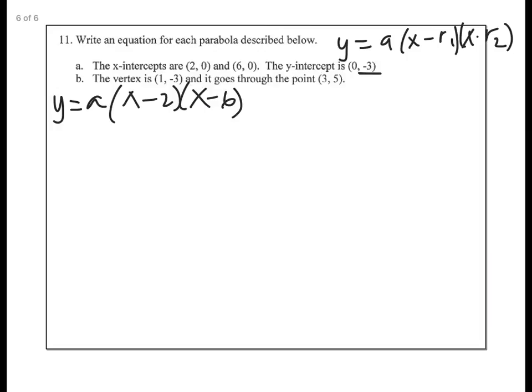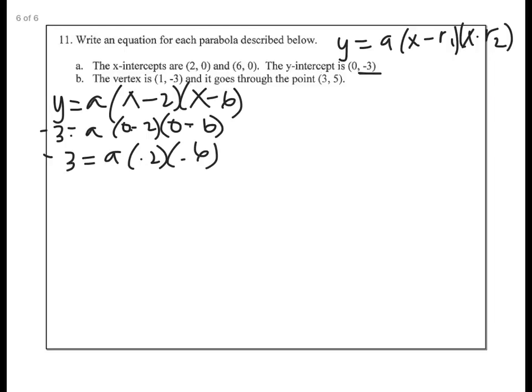If I do that, I get -3 is equal to a, 0 minus 2 times 0 minus 6. Simplifying my parentheses, I get -3 is equal to a times -2 times -6. I still have a -3 on this side. Keep in mind on the right side, the a, the -2, and the -6 are all multiplying together.